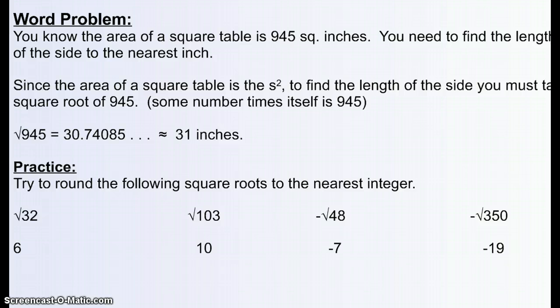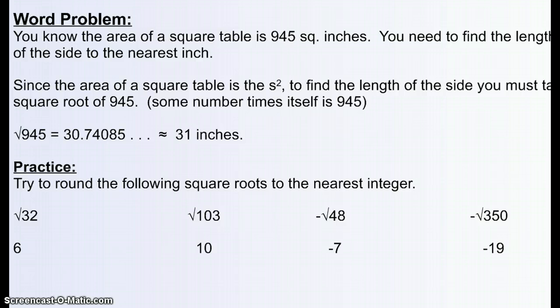You should try to practice this. Try to round the following square roots to the nearest integer. The square root of 32, the nearest integer there would be 6. If you take a look at 5, that only brings you to 25, which is 7 below 32. But when you try 6 as the square root, that takes you to 36.